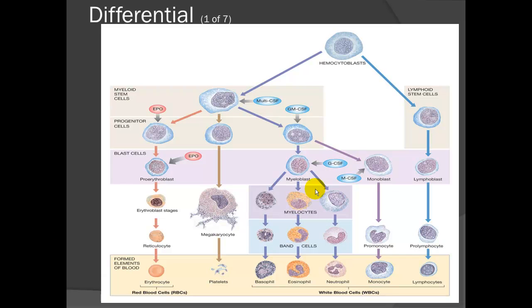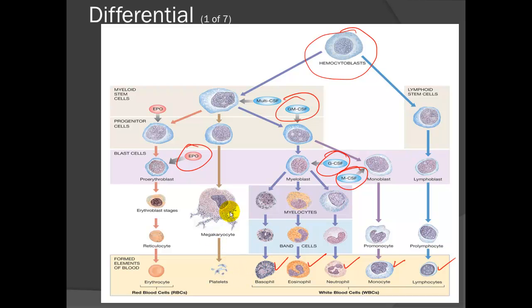This is the cell differential, and just a quick overview of this. All of your formed elements essentially are derived from the same cell. And as they become more specialized under the effects of varying hormones throughout the body, they will either become lymphocytes, monocytes, neutrophils, eosinophils, basophils.